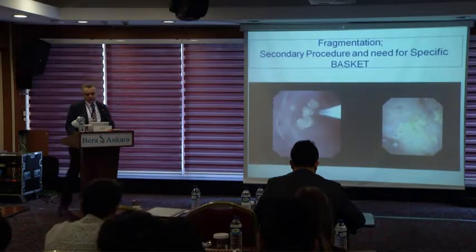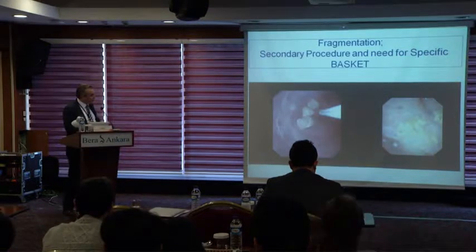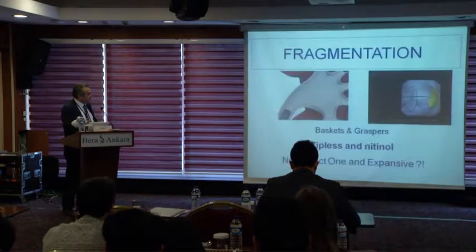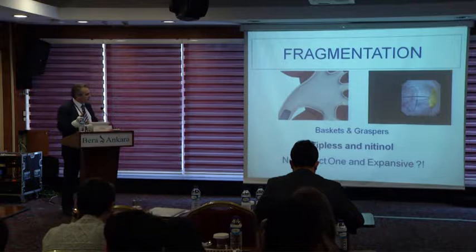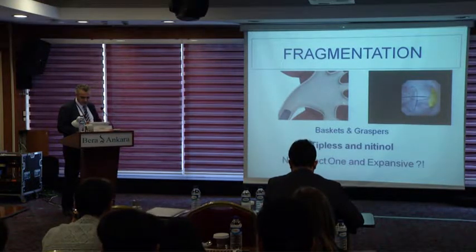Also, when you do fragmentation, you have to use baskets. These baskets should be tipless and nitinol. There are a lot of kinds of baskets in the market, but they are somewhat expensive.